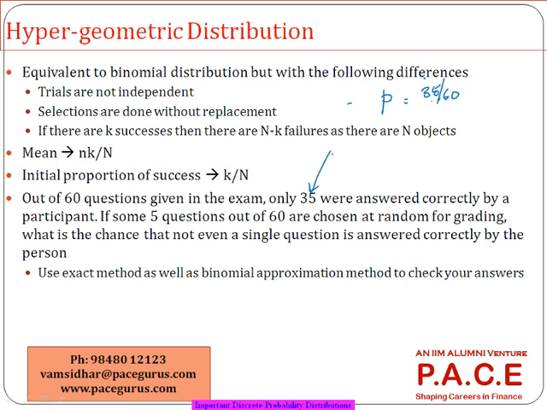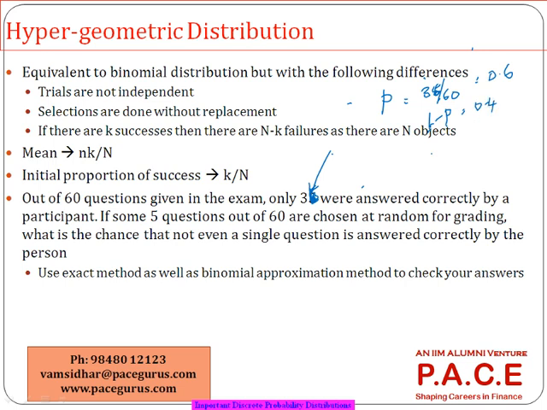Or for simplicity, let me make this 36. 36 questions are answered correctly, so 36 by 60. People say you can take your probability of success directly from the original information. The probability of failure is 0.4.